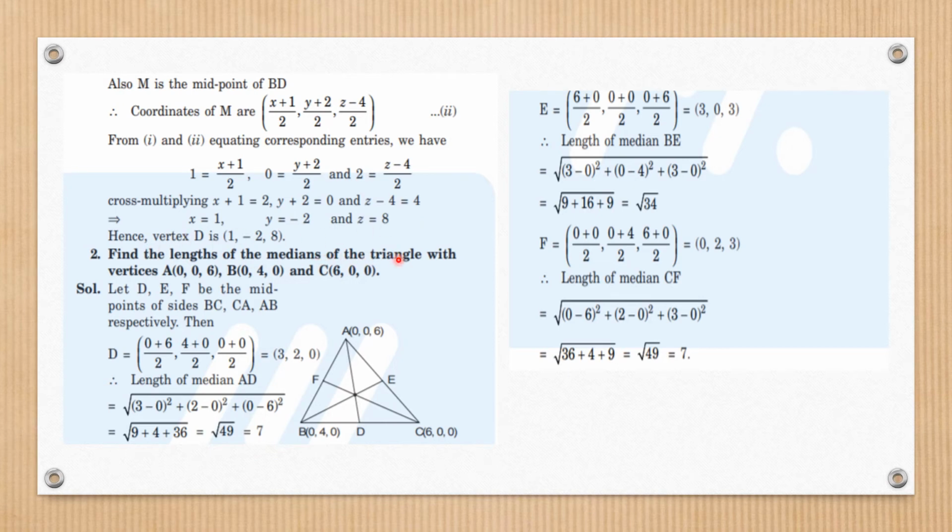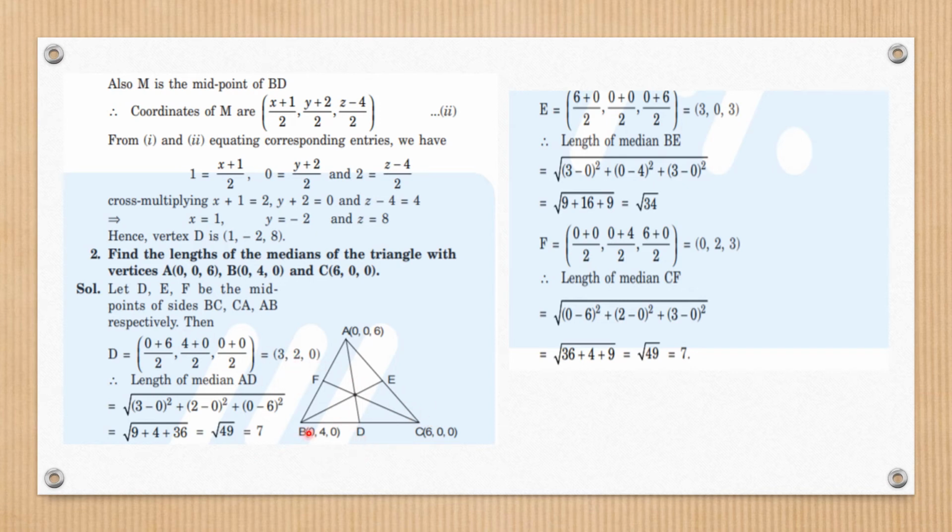Find the lengths of the medians of the triangle with vertices A, B, C given. So you know how to find the median. A median is a line drawn from a vertex joining the midpoint of the opposite side. This is your median. So let D, E, F be the midpoints, as AD is the median, BE is the median, CF is the median.